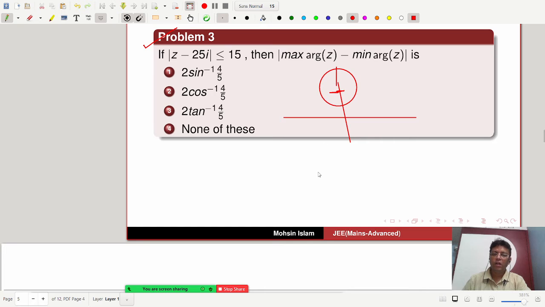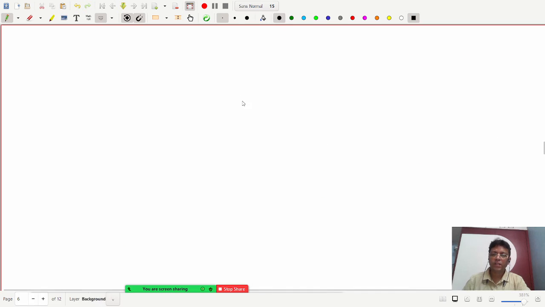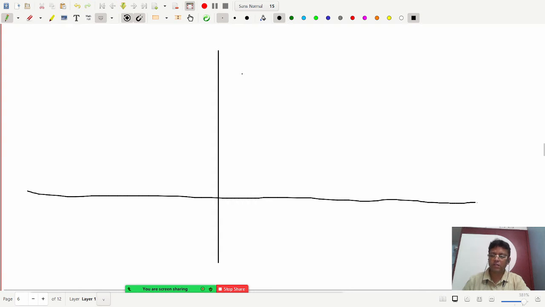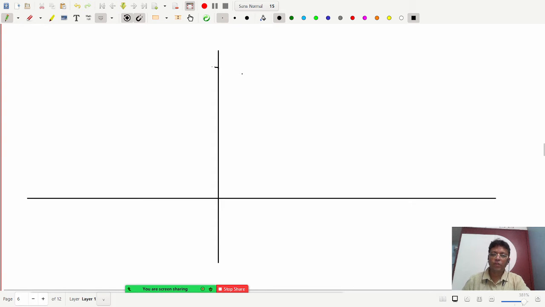So let me draw it here in the Argand plane. Let's take the real and imaginary axes. Now this is the circle. Your center is 25i, that is on the imaginary axis, and your radius is 15.